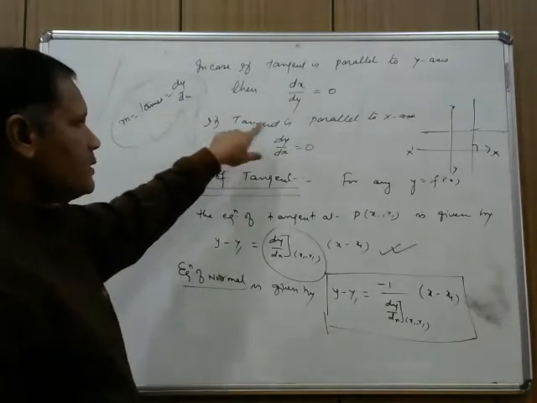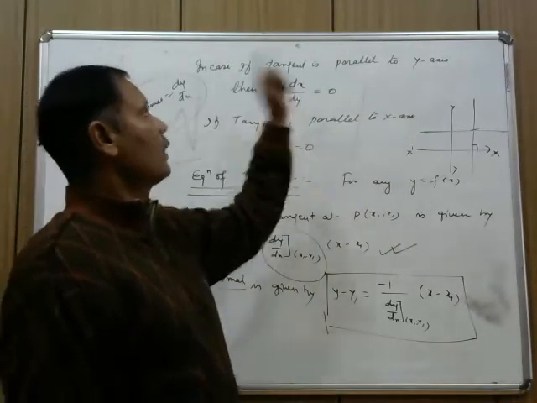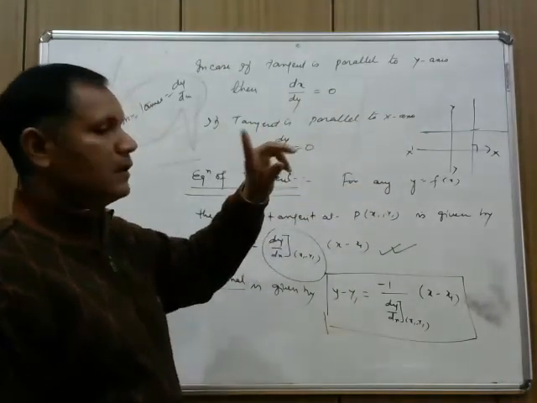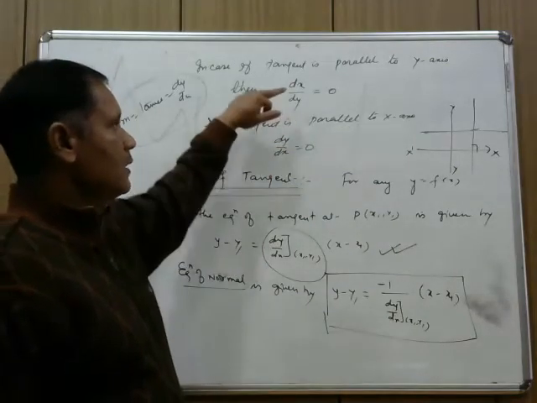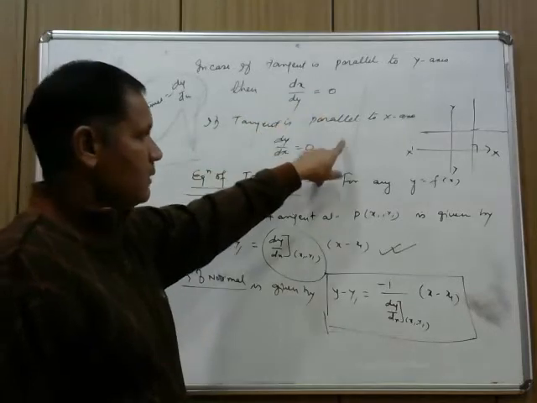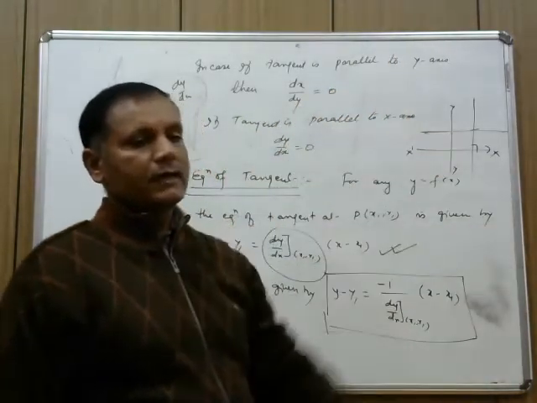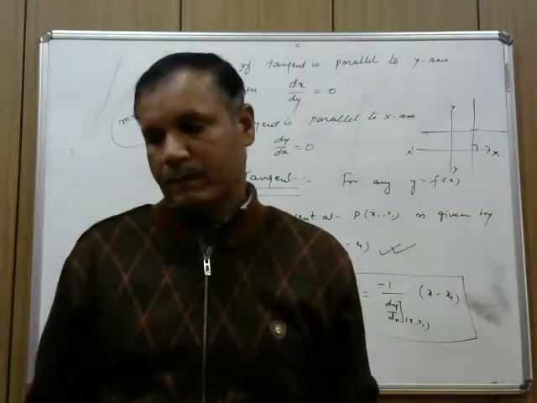So now if the tangent is parallel to the x-axis, then dy by dx is equal to 0, and if the tangent is parallel to the y-axis, then dx by dy will be equal to 0, because in that case tan theta is equal to 90, which is not defined, right?